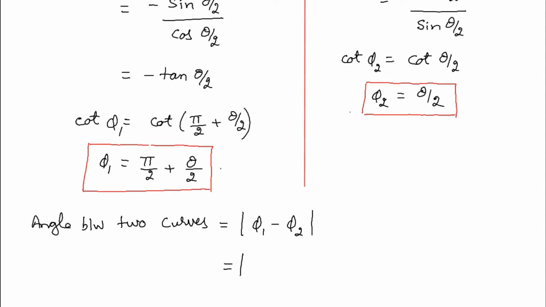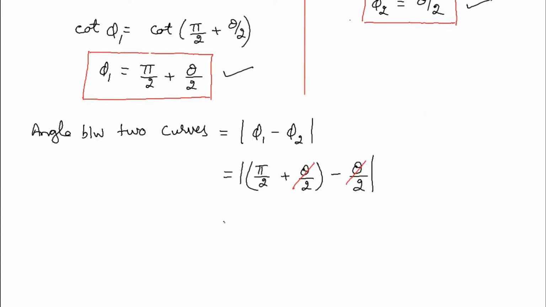The value of phi 1 over here is pi by 2 plus theta by 2 minus the value of phi 2 over here, which is theta by 2. So we just plug in, it is theta by 2. You can check that this plus theta by 2 and minus theta by 2 will cancel out. You will be left with pi by 2.